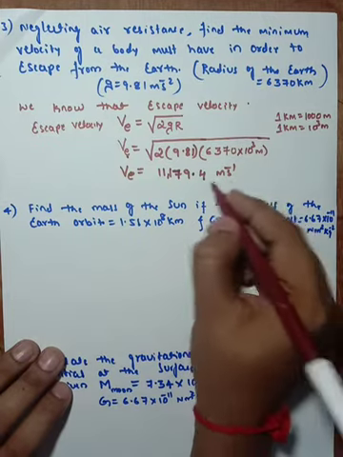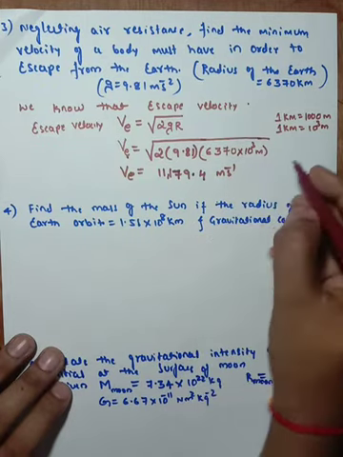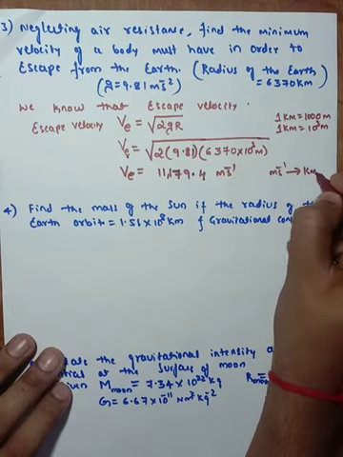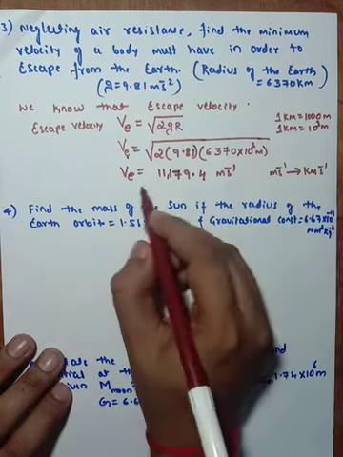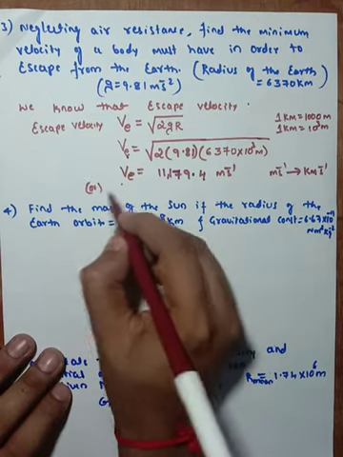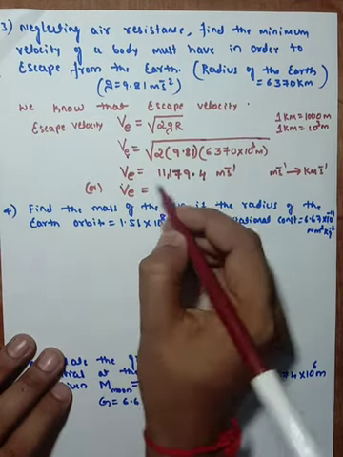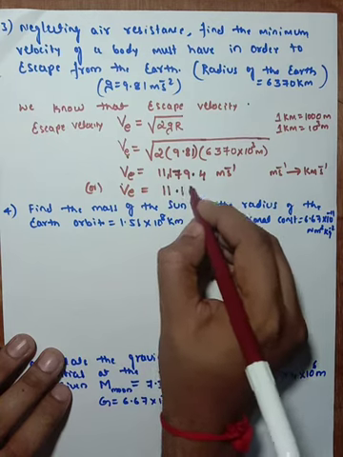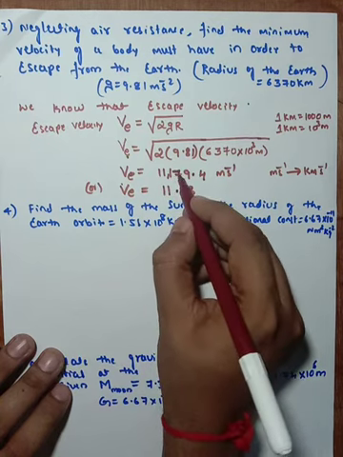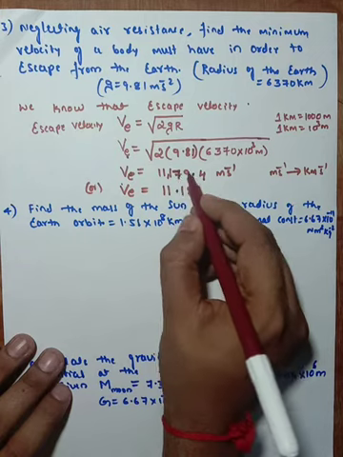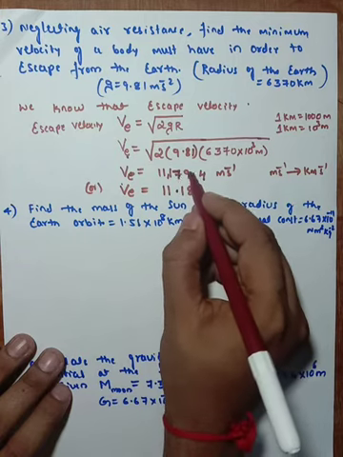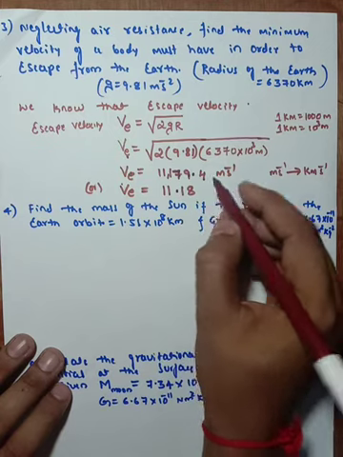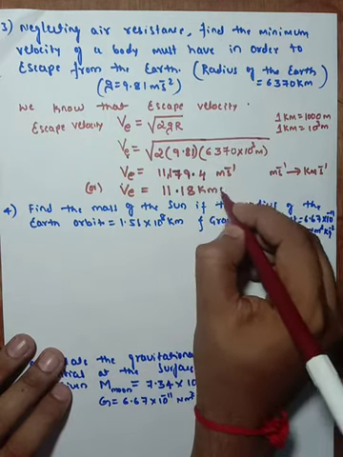If I want to convert this from meter per second to kilometer per second, let me write one more step. So 11.179 is there. If I round it up, since 7 is greater than 5, you can write it as 11.18 kilometer per second.